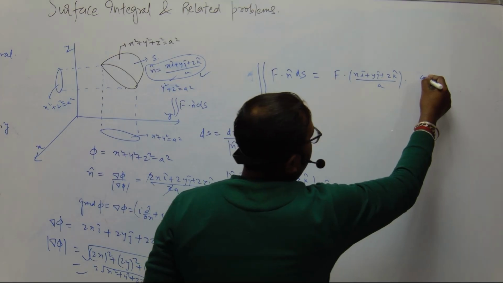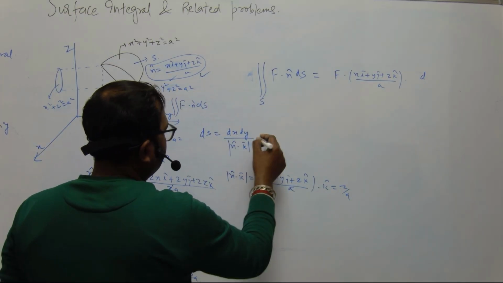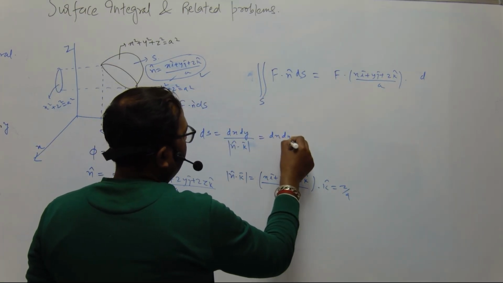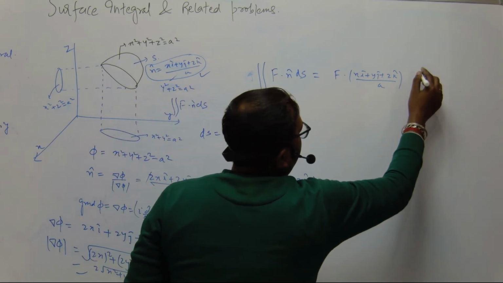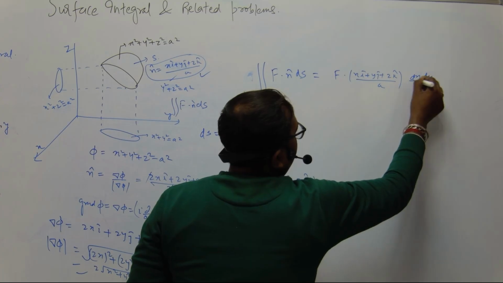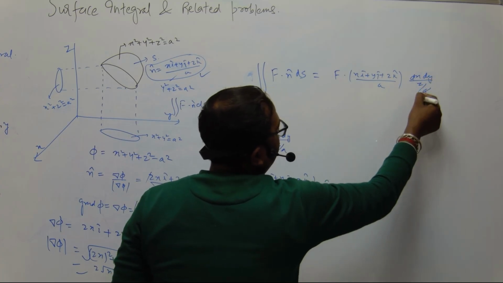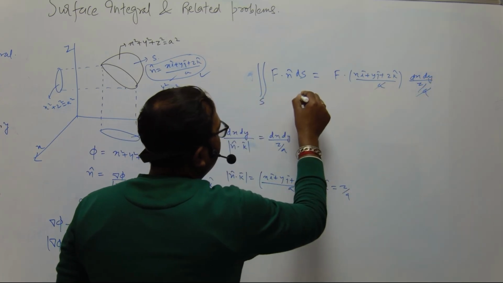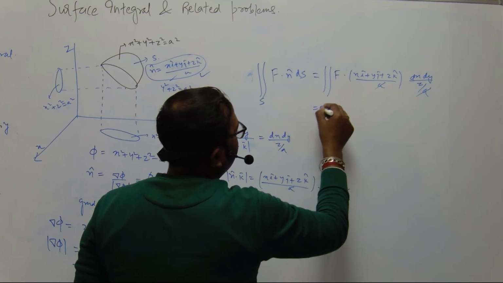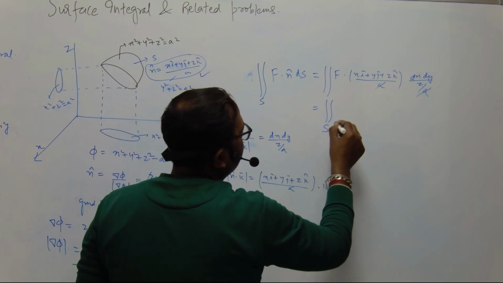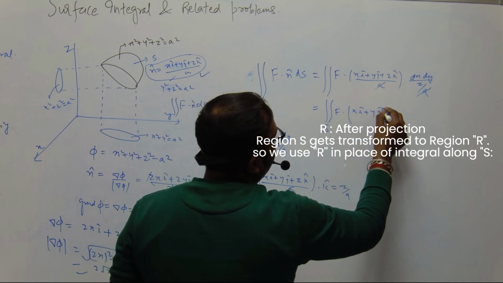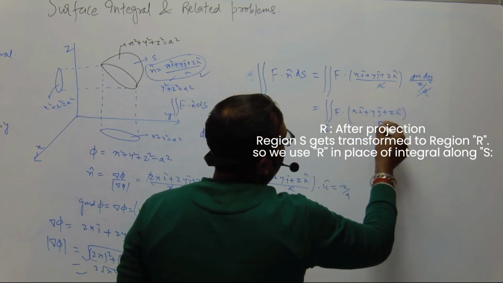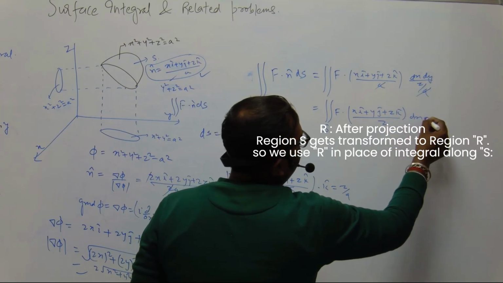So the value of ds will be dx dy upon z upon a, and the a gets cancelled. So we have the double integral along the surface S of F dot x i cap plus y j cap plus z k cap upon z, into dx dy.